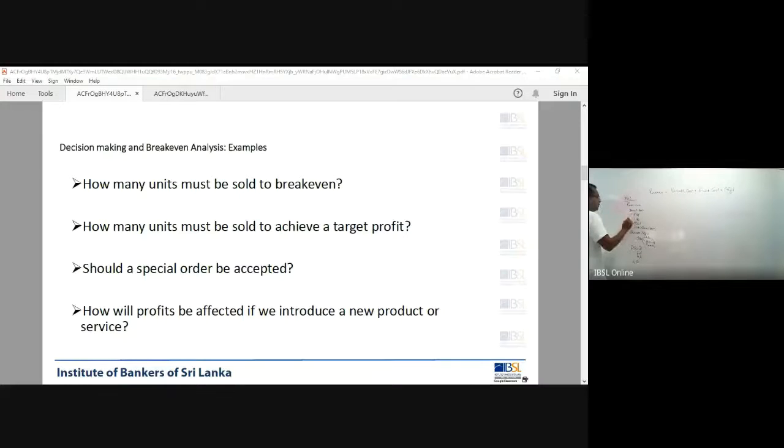These items are called variable cost. These items are called fixed cost. Right? Why is this variable? Based on the number of units produced and sold, this changes.